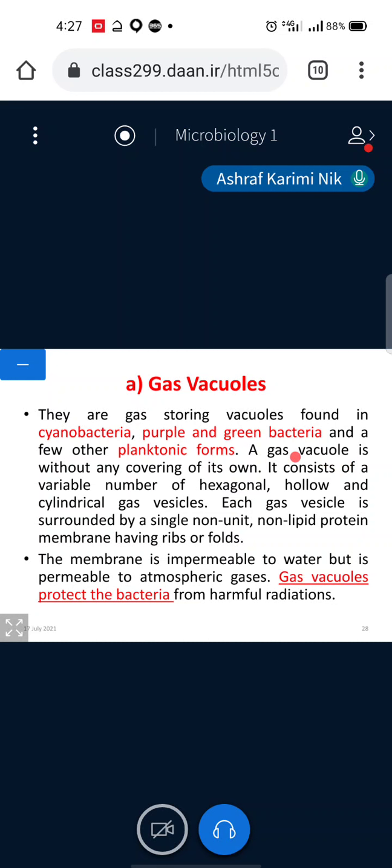A gas vacuole is without any covering of its own. It consists of a variable number of hexagonal, hollow, cylindrical gas vesicles. Each gas vesicle is surrounded by a single non-unit, non-lipid protein membrane having ribs or folds.